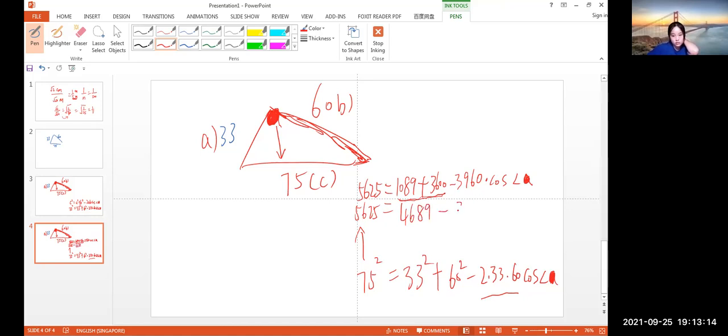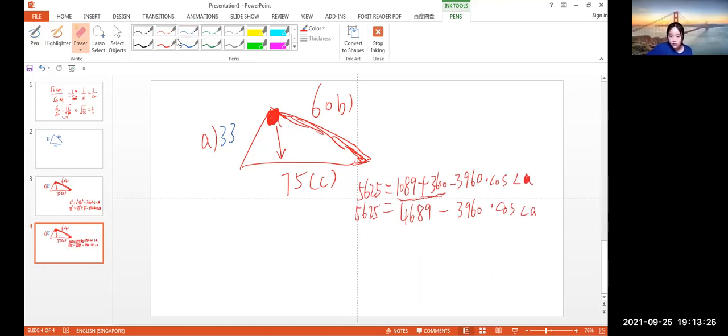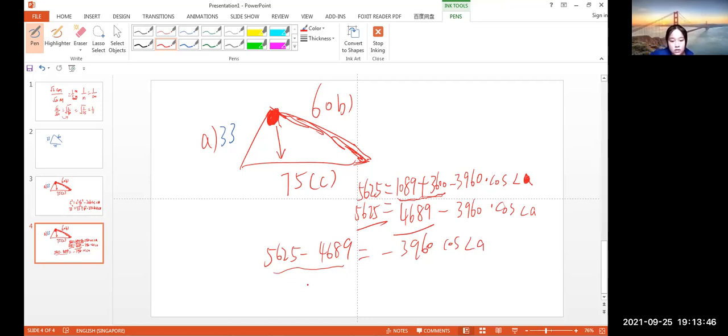4689 minus 3960 cosine angle A. Good. Continue. Then this one is this first. So you just move it over: 5625 minus 4689. Then you are left with this. Can you continue to help me out? What's this? 936.